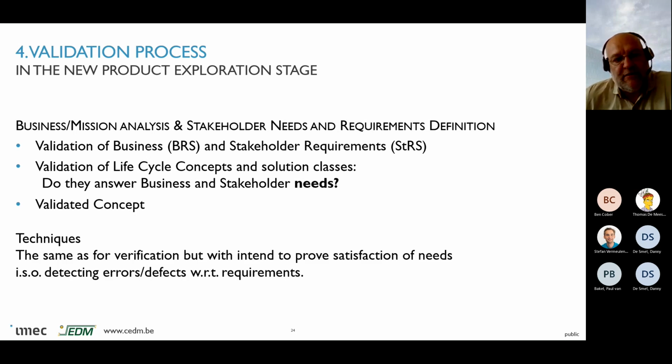The techniques that are used for validation are the same as for verification, but with the intention to prove satisfaction of the needs instead of detecting errors or defects with respect to the requirements.